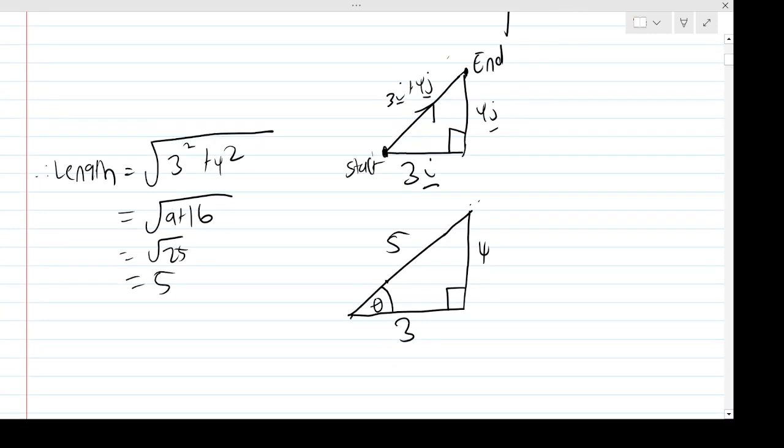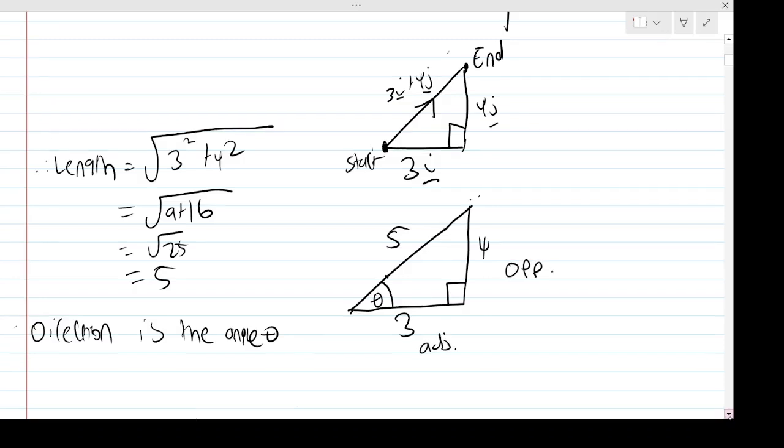So I'll do it down here. Direction is the angle theta. But how can we work out theta? Very similarly to Pythagoras' theorem, we can use other properties of a right angle triangle, namely SOHCAHTOA. I can use tan, because this 4 is going to be the opposite, and the 3 here is going to be the adjacent side.